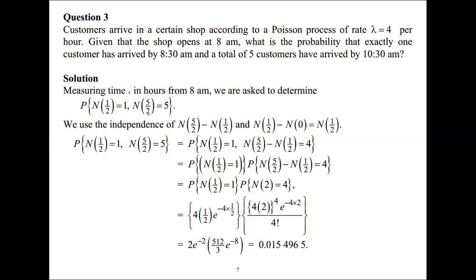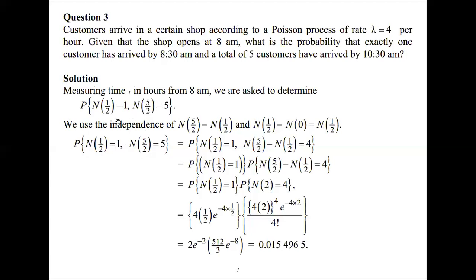First, we divide the time into two: from 0 to 0.5, and from 0.5 to 2.5. These two intervals are mutually exclusive. The numbers of events that occur in non-overlapping time intervals are independent, so we can use the rules of independence.